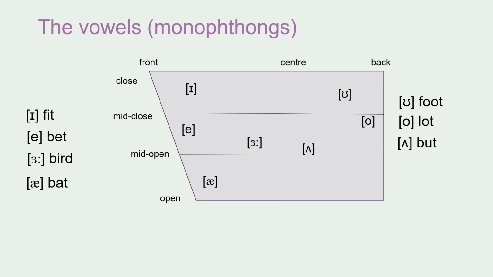Standard Southern British English uses this vowel, as in, as I said, but. In the north, they don't actually have this vowel at all. In the north, they would use the U vowel, and a word like but, which would be pronounced in standard British English with this vowel, is actually pronounced differently.